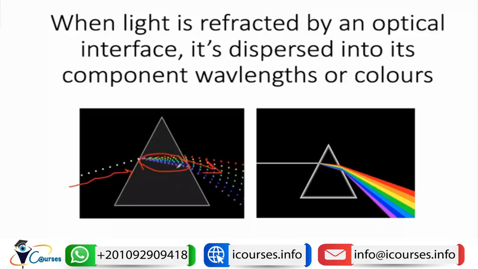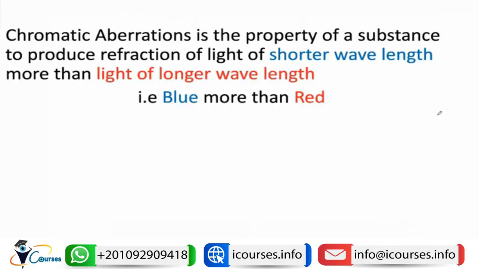This deviation occurs due to the different wavelength and frequency of each of these lights. So chromatic aberration is a property of a substance to refract light of shorter wavelength more than light of longer wavelength, meaning that the blue light is refracted more than the red.